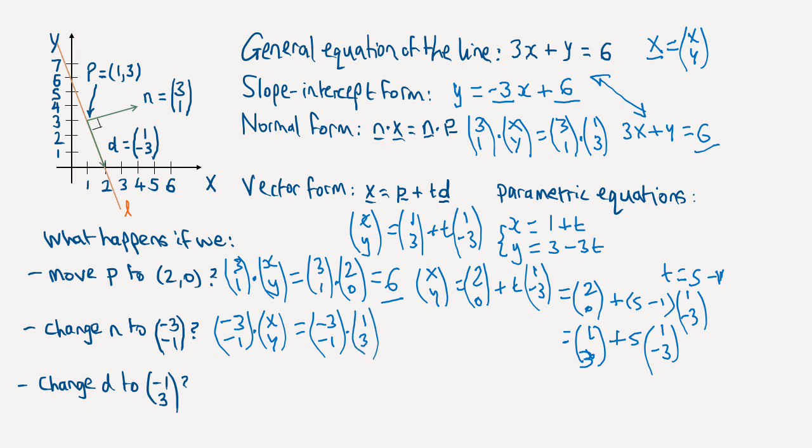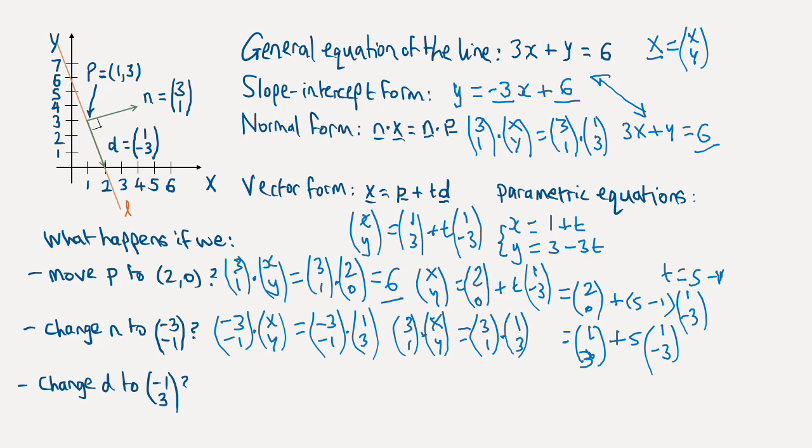If I just multiply both sides of this equation by minus 1, that's going to be equivalent to (3, 1) dot product (x, y) equals (3, 1) dot product (1, 3). So we're back where we started. So changing the normal vector so it points in the opposite direction doesn't make any difference.